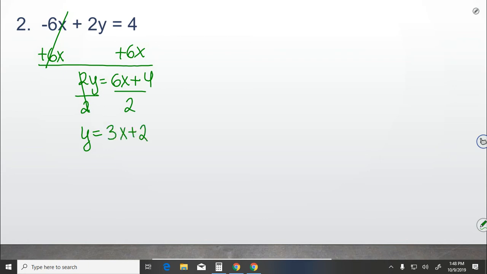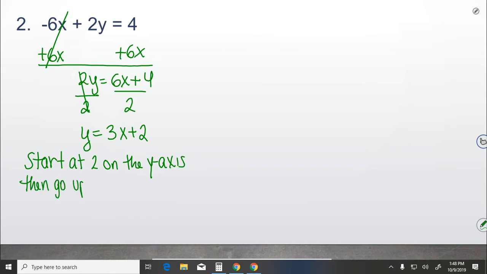Now it's in y equals mx plus b, so we finished. We can write our sentence. Start at 2 on the y-axis. Then go up 3, right 1 repeatedly. Okay, so they're going to get increasingly more difficult as we keep on going. Let's take a look at the next example.